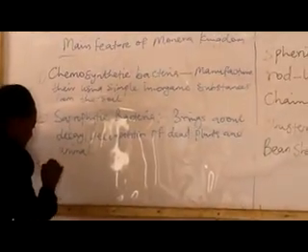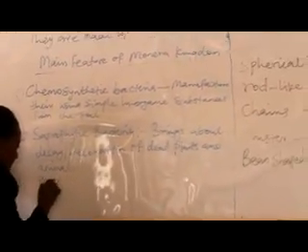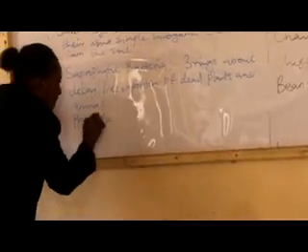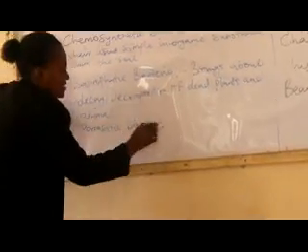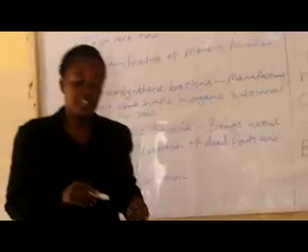We have another group of bacteria called parasitic bacteria. These are the ones that cause diseases in plants and animals, even in humans.